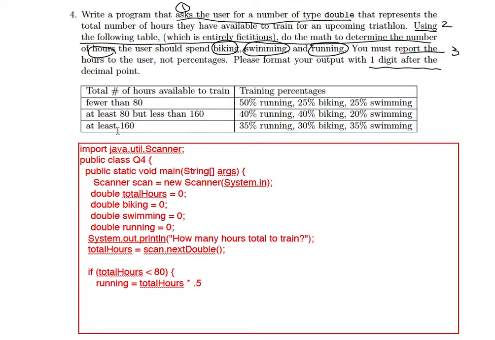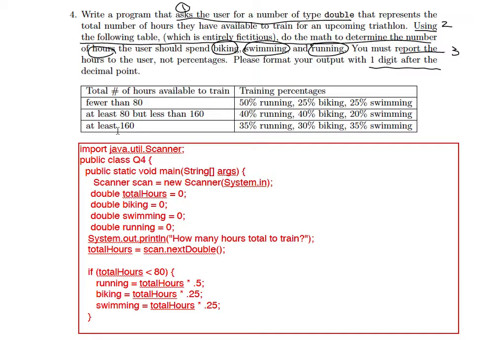So this is another thing to remember, is that to take the percentage of something, you move the decimal point 2 over and multiply by that resulting number. So 50 with the decimal point 2 over is 0.5. And then biking is equal to the total hours times 0.25. And swimming is also equal to the total hours times 0.25. That's my first if statement.